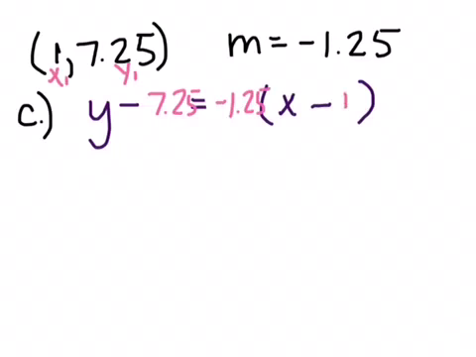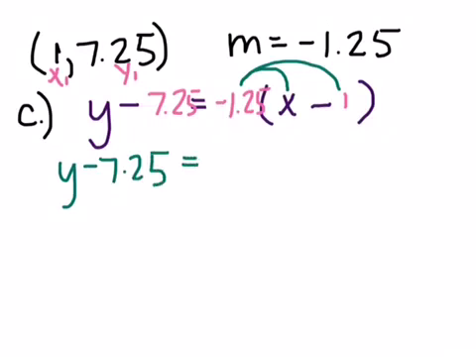Now we want to solve for y, so we have 2 steps. Our first step is to distribute our negative 1.25. The left side of our equation is going to stay the same. The right side: negative 1.25 times x is negative 1.25x. Negative 1.25 times negative 1 is positive 1.25.